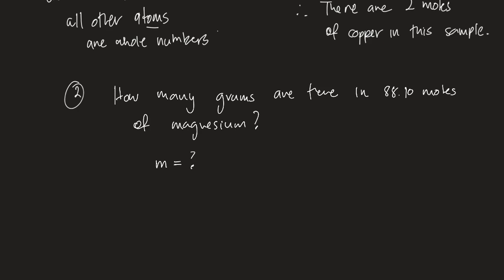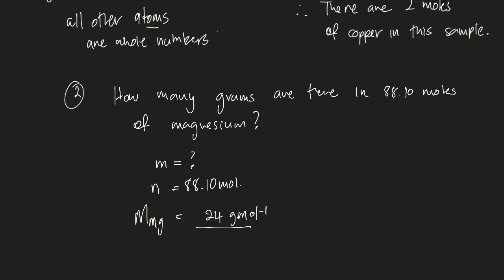You don't know that. They're giving you the number of moles as 88.10 moles. And they're giving you the atom, which is magnesium. So you need to go find the molar mass of magnesium. So you just go onto your periodic table, you look at magnesium, and you've got 24 grams per mole.